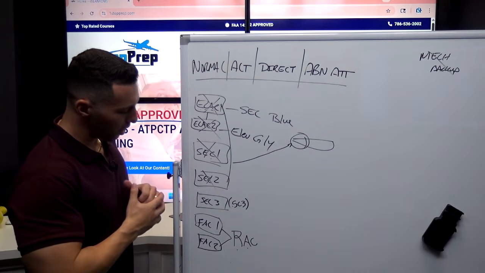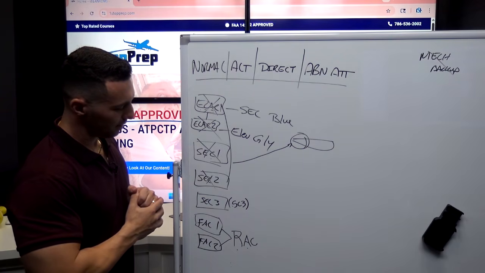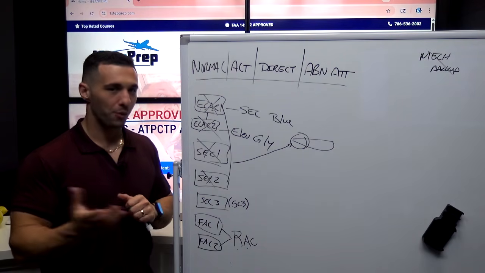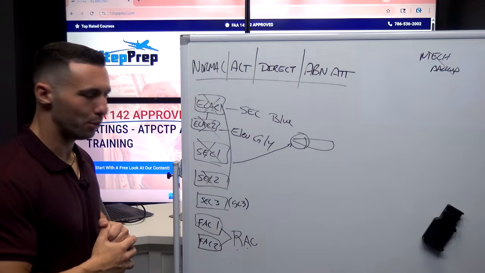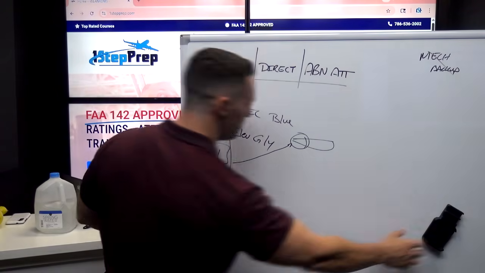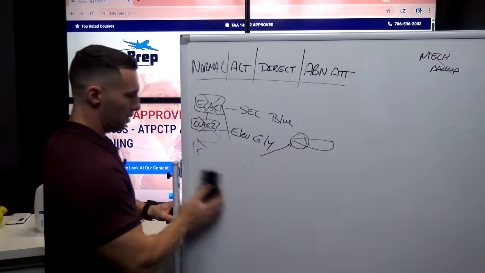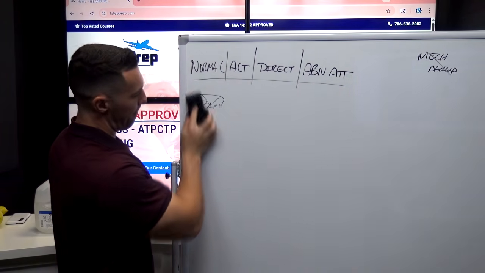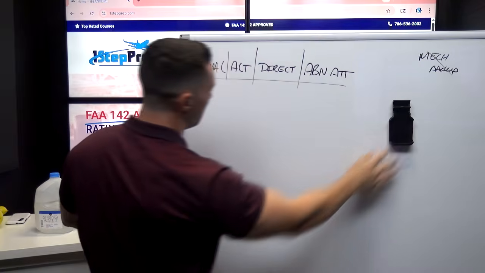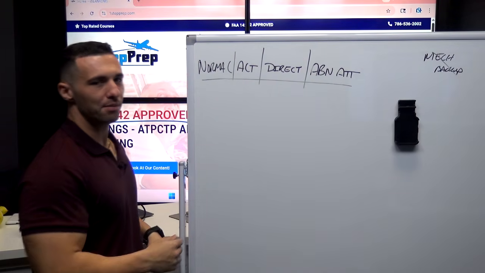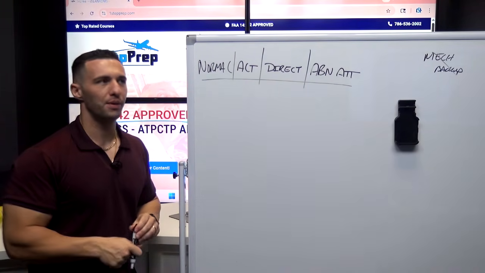Okay, let's now talk then about the FAC, or the RAC, the Flight Augmentation Computer. What exactly does that mean as it relates to all these things? So the Flight Augmentation Computer does mainly everything that has to do with the yaw axis.